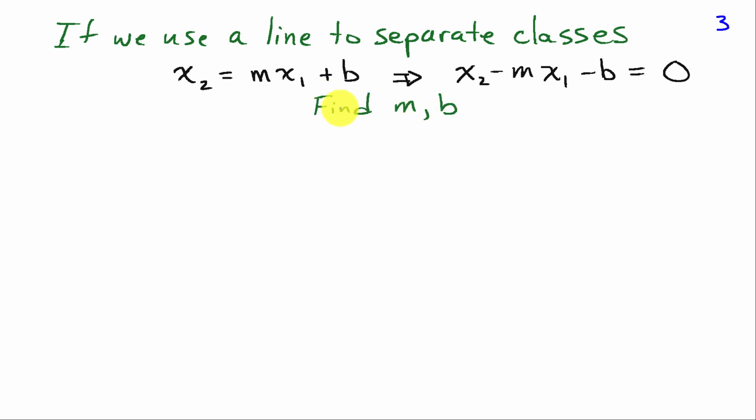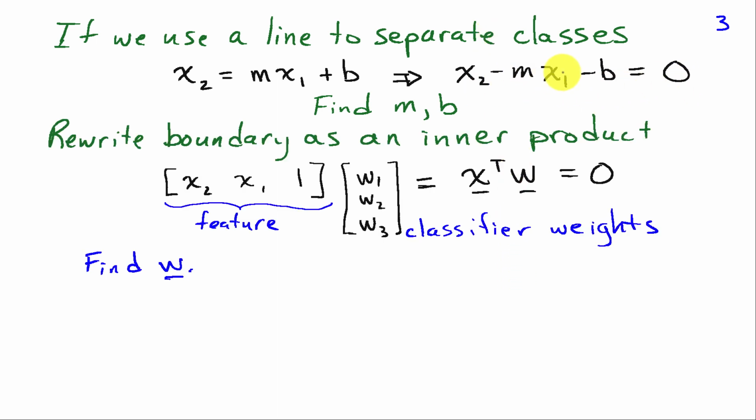Now I can also write this equation as x2 minus m x1 minus b equals 0. And in this form, I'm going to rewrite this boundary as an inner product. So we'll collect our features, in other words, x2, x1, and I'll put a constant here because I have this constant for this intercept. We'll have a feature vector x.